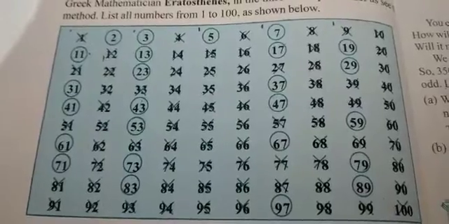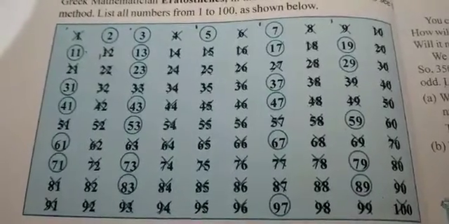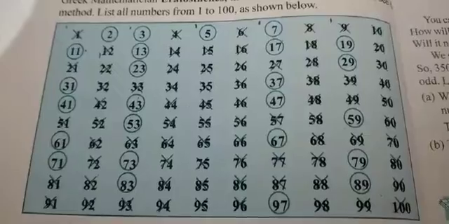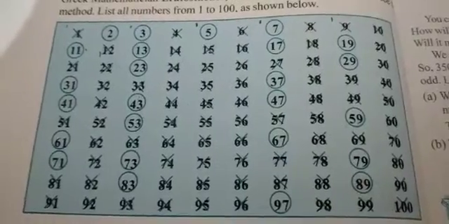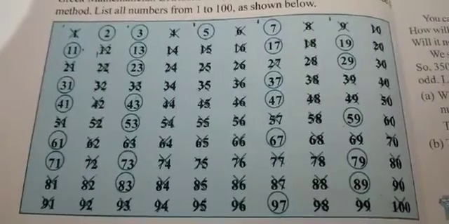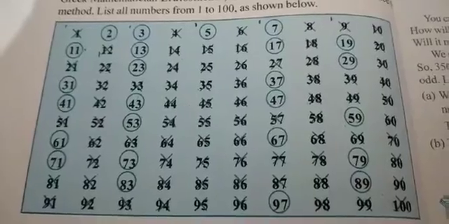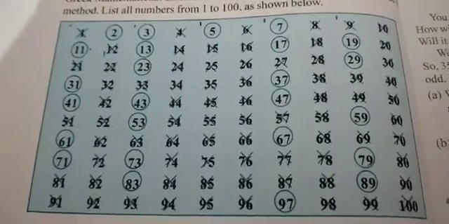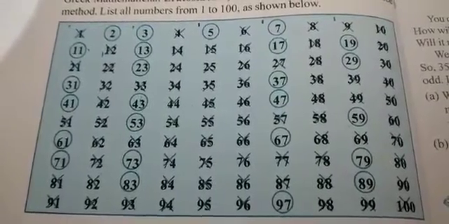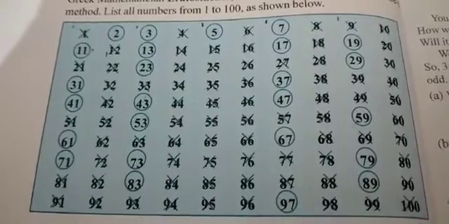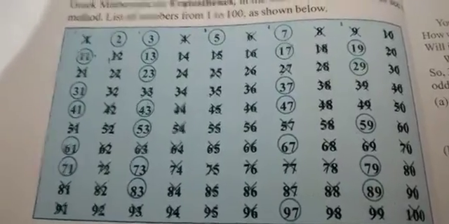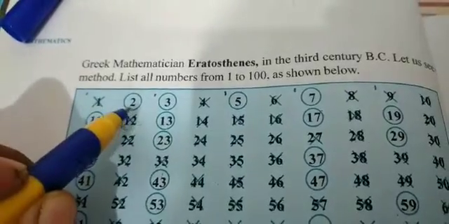Then we will cross out all those numbers that are divisible by 2. That means you can say the numbers ending with 0, 2, 4, 6, 8. Okay, except 2, except this 2. 2 is a prime number, so we will leave it.